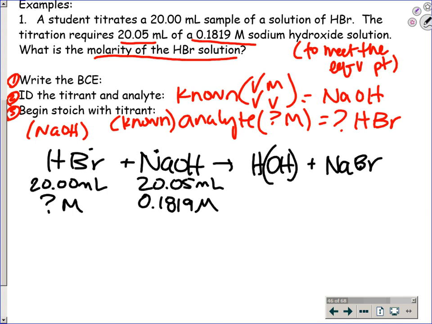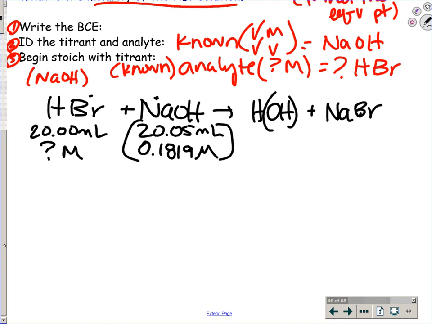You can tell from the data you've written that you have to start with sodium hydroxide, because you don't know enough about HBr to even get started. And that's our final question, so we must end our process with that. You guys remember what molarity is? Molarity is moles per liter.